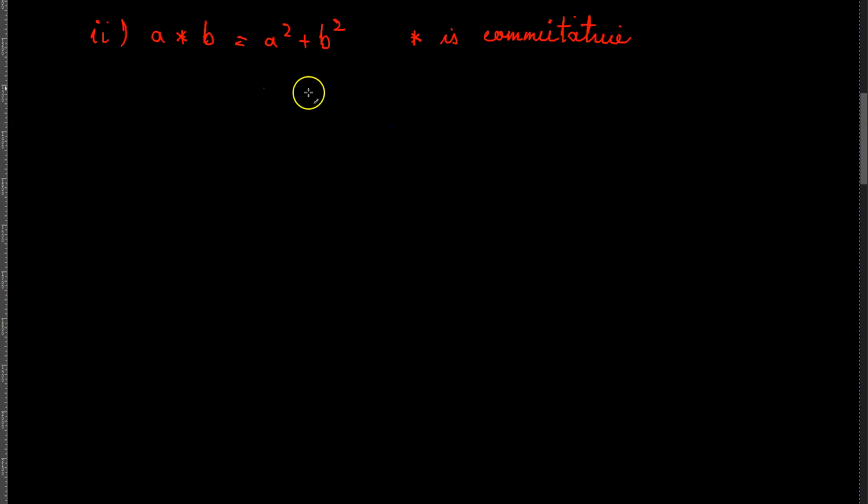Now let's see if we can find the identity element here. So the identity element is some element E belonging to Q, because this star is defined on Q, in such a way that E star A is equal to A star E is equal to A. Now I think here, of course, it's not 1, because if you add 1 to anything, you will not get the same thing.